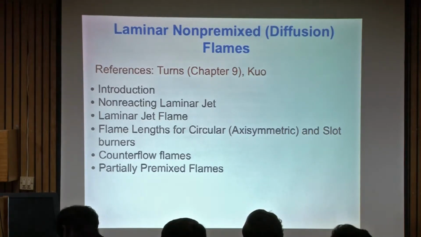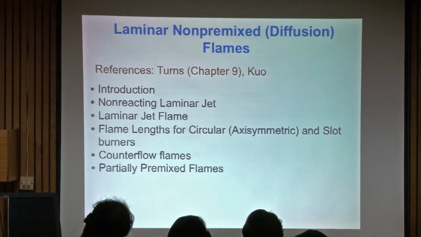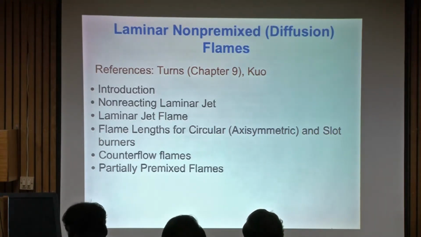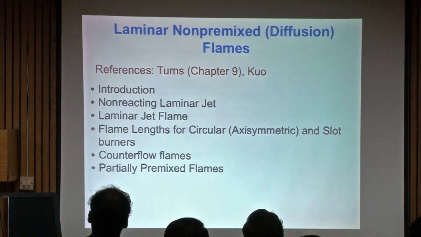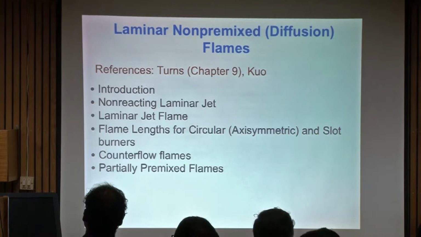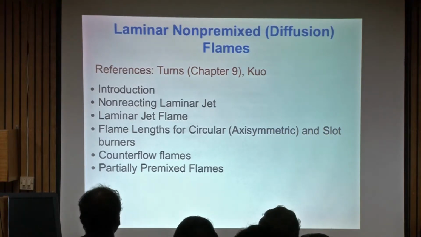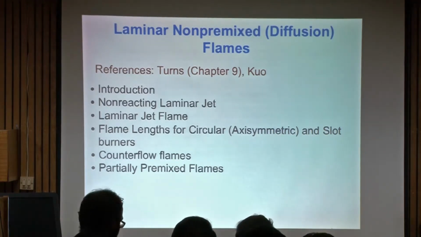Now, after the introduction, we are going to cover some of these topics, mainly these. We already did the introduction. First, we are going to spend a few minutes understanding the mixing behavior of a laminar jet.